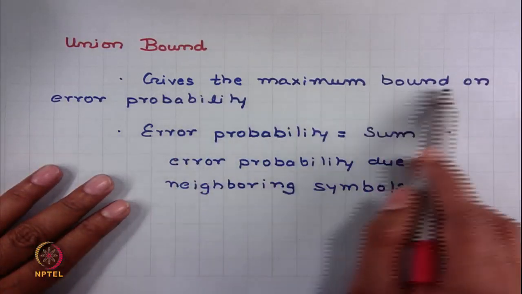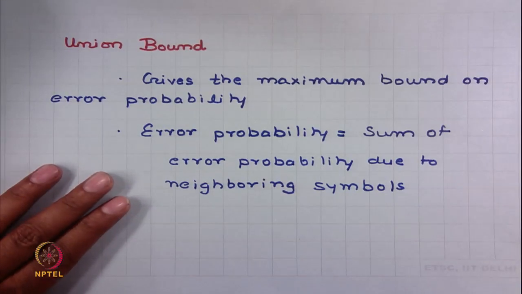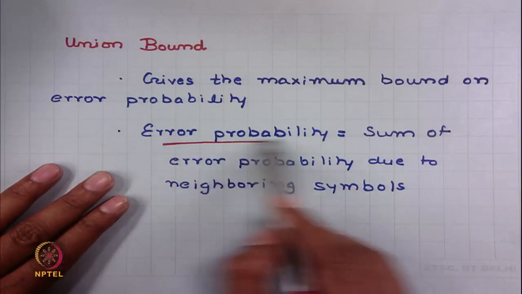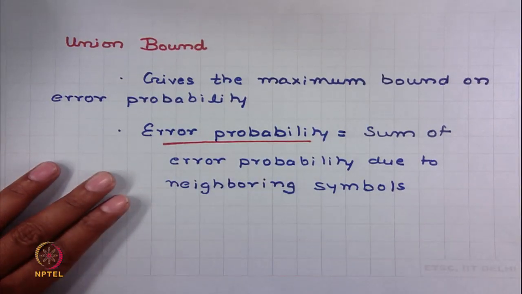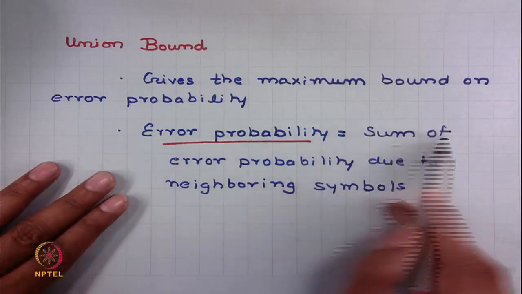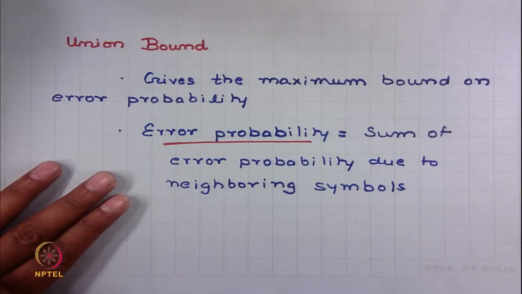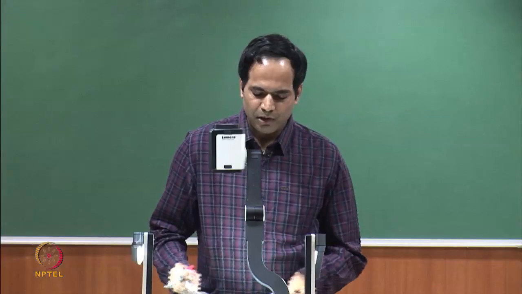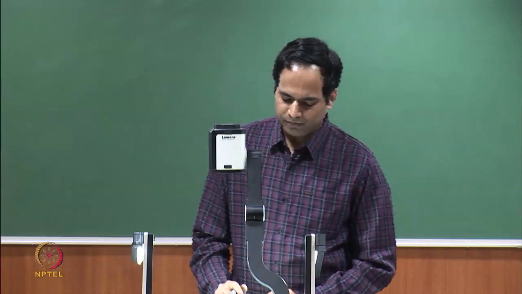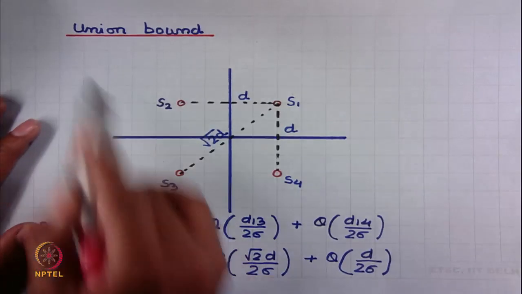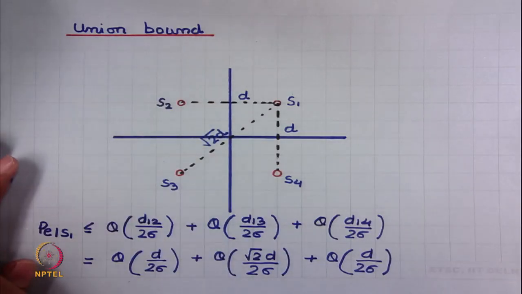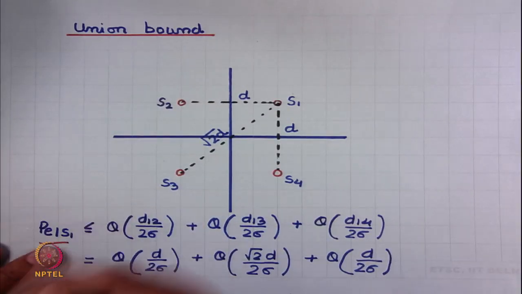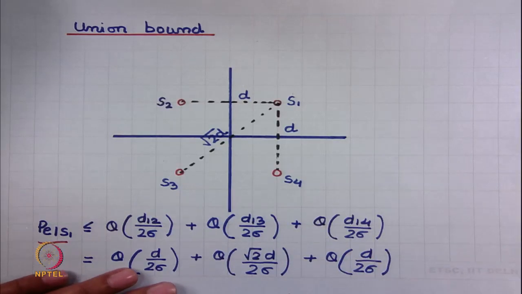The union bound gives us the maximum bound on error probability, and this union bound is simply calculating the error probability by summing up the error probability due to all neighboring symbols. And it is best to look at an example to understand what I mean. Suppose you want to use this union bound approach to calculate the probability of error given that you have transmitted S1.